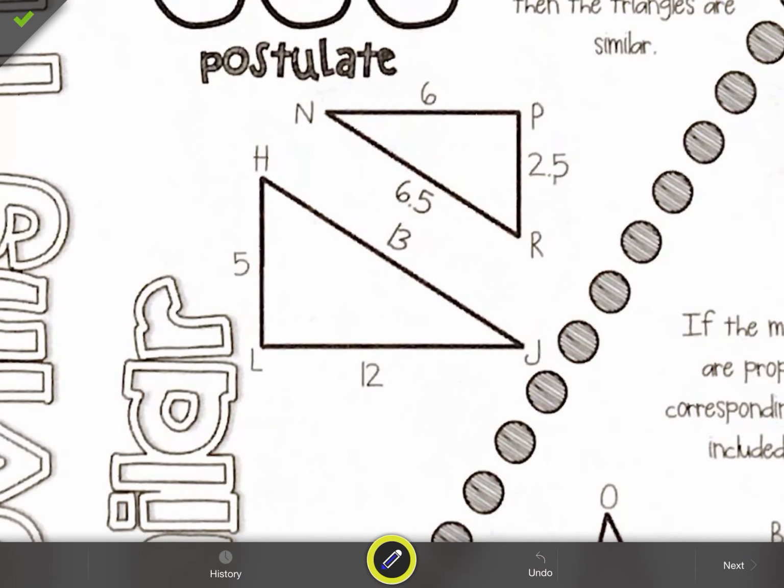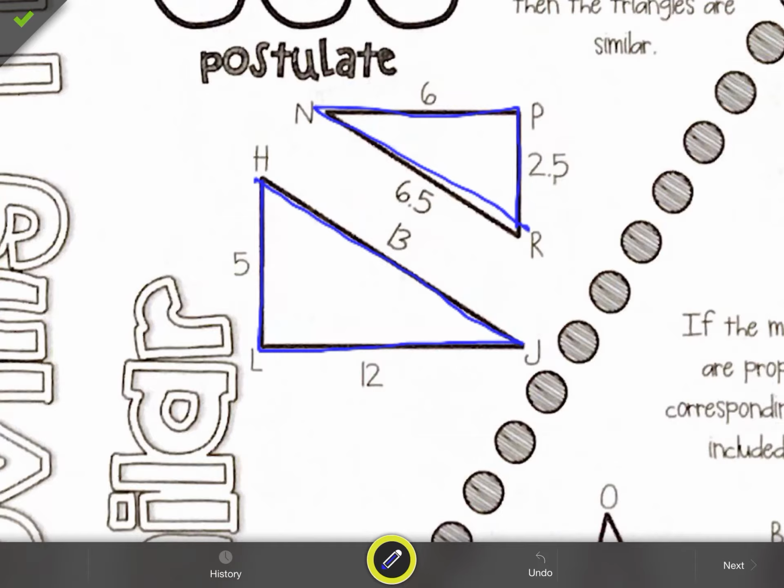So looking at this picture, you don't have any matching parts, like we did in congruent. This you got 5, 12, and 13. And then this one you got 2.5, 6, and 6.5.